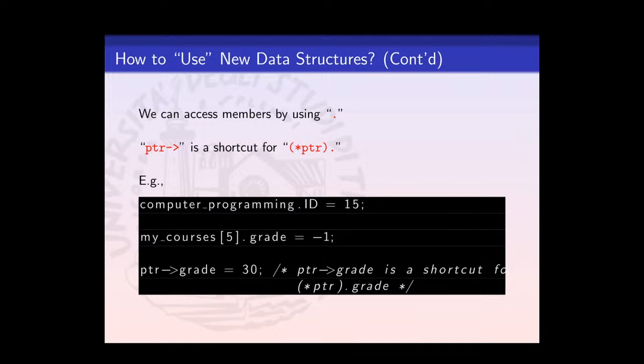So we may want to deal with the instance in position 5. So if I want to change the value of one of the members of the instance in position 5, simply access the instance in position 5 as we have done till now. So take the name of the array, square bracket, position of the instance you want to deal with, so the position of the cell you want to deal with, dot, and now the name of the member.